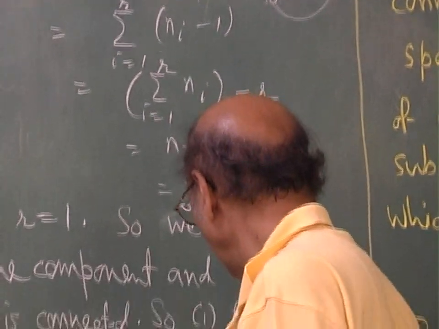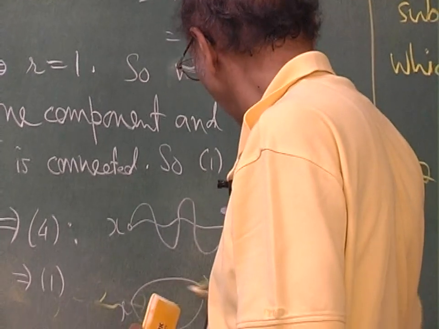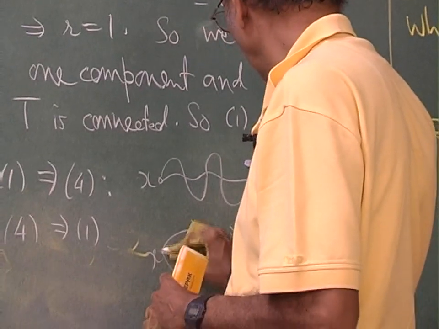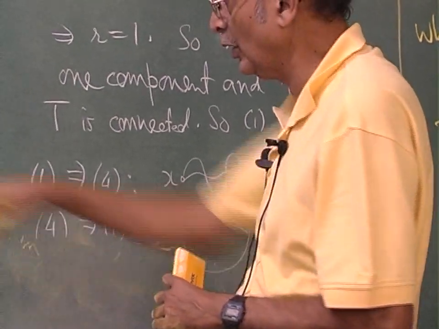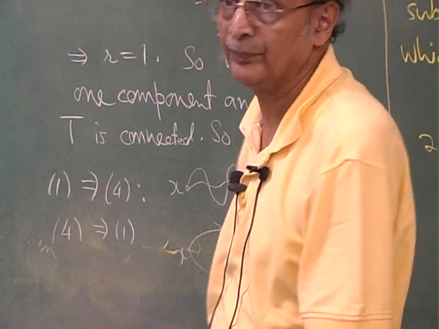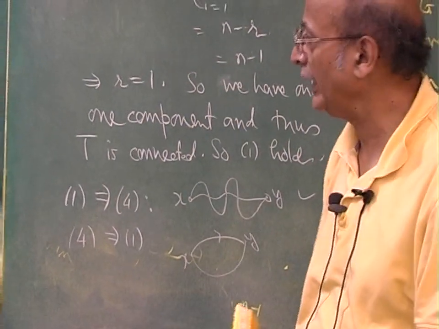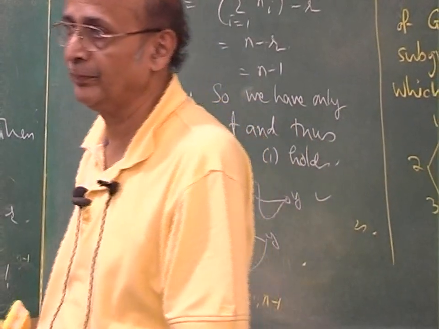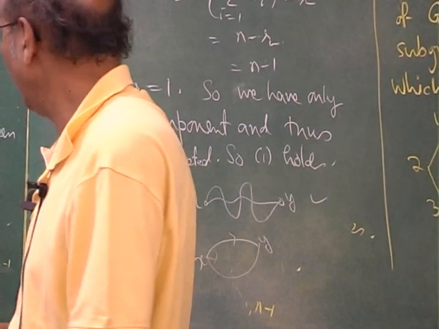From x to y there will be one path, so a contradiction to what is given. Therefore, I cannot have cycles. So that says that 1 and 4 are equivalent.